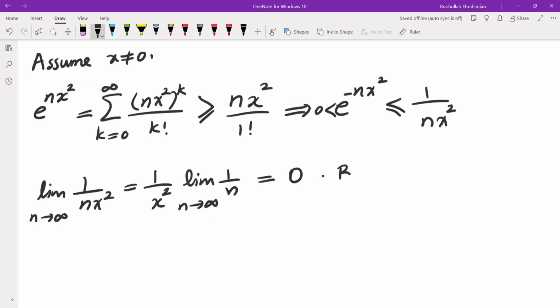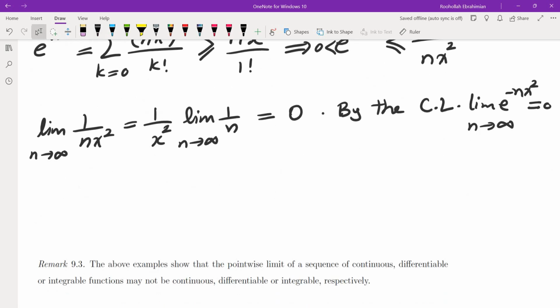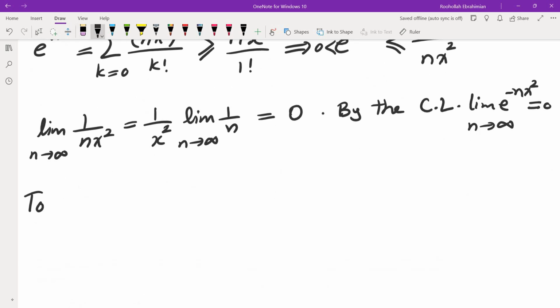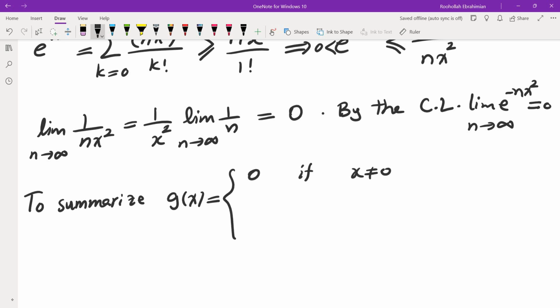So then, by the comparison lemma, the limit of e to the negative n x squared is 0 when n approaches infinity. So to summarize, g of x is going to be 0 if x is not 0, 1 if x is 0.